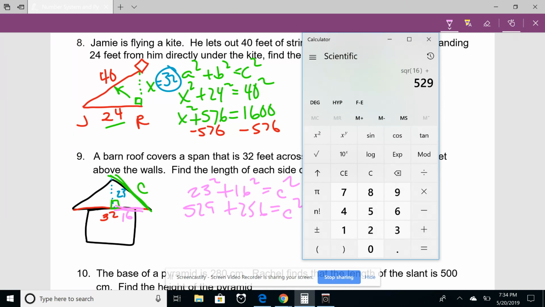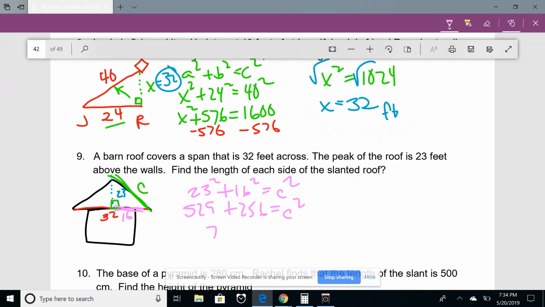Add them together, you get 785. Square root both sides. Is that a perfect square?